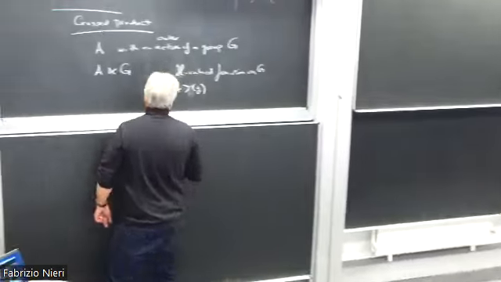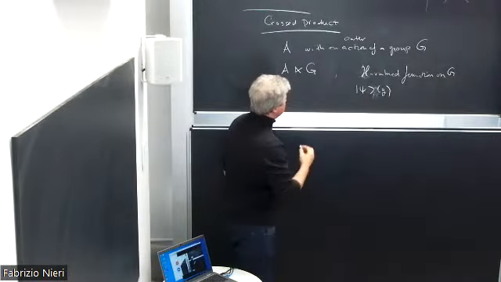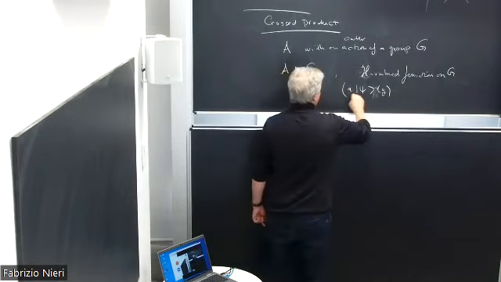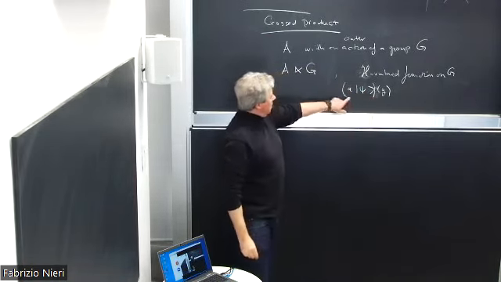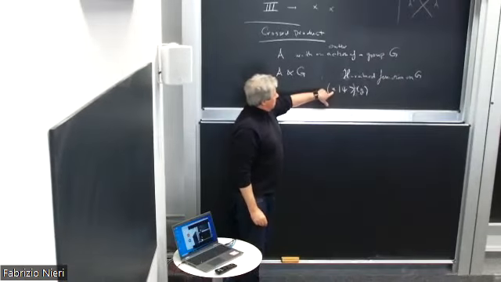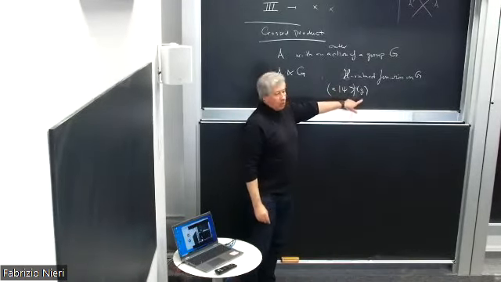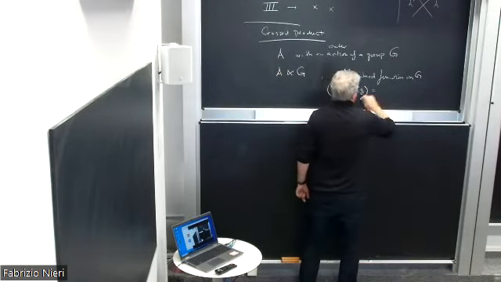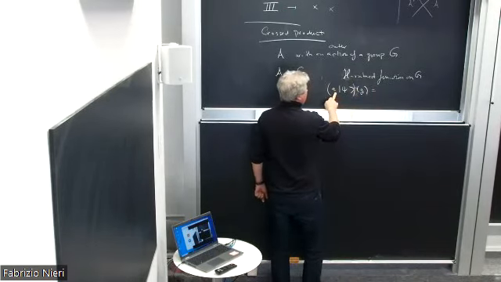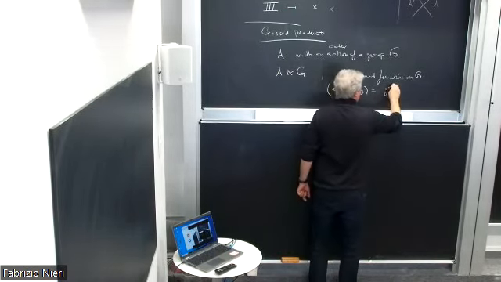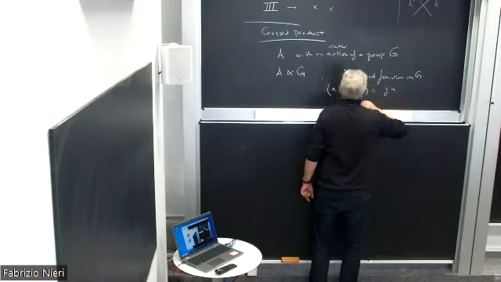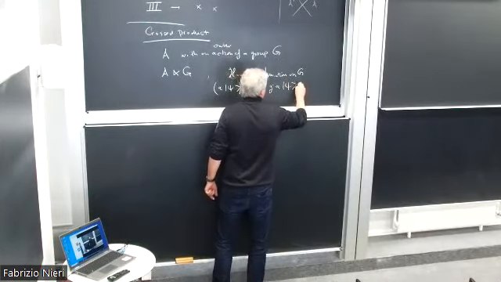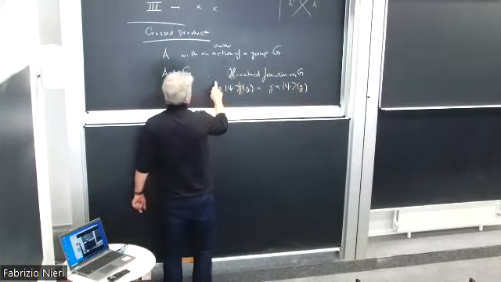So what I want to do now is tell you what happens if I act with an element A on this. I'm now looking at a new state in the Hilbert space, but I'm still thinking about it as a function of G. The definition is that I know how G can act on the algebra, and I denote this by G on A. So here I put the brackets like this.